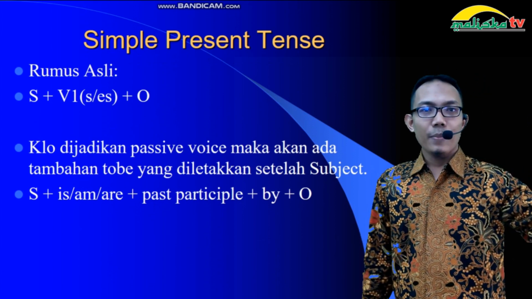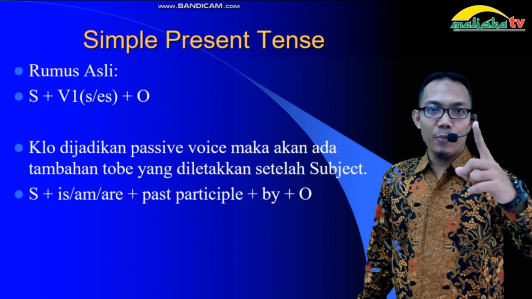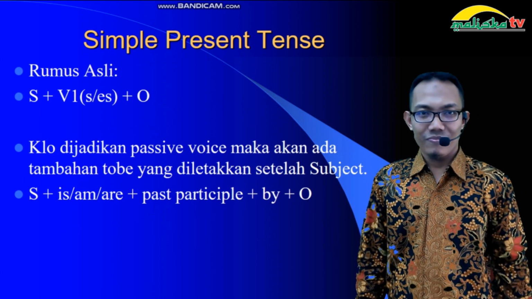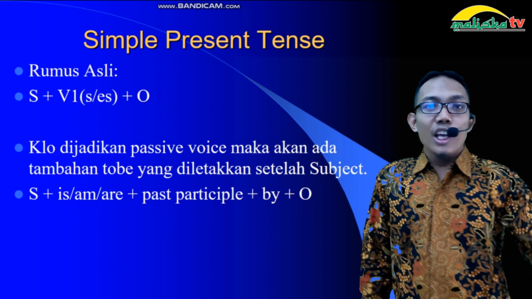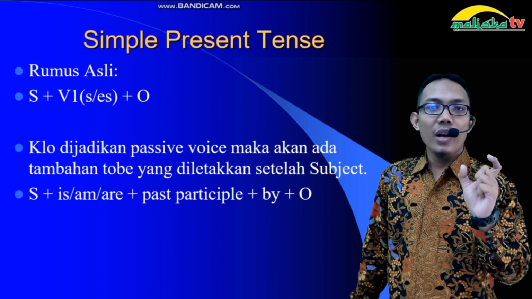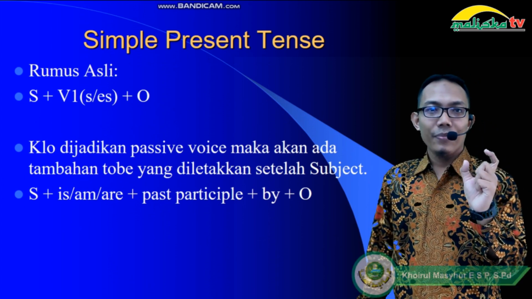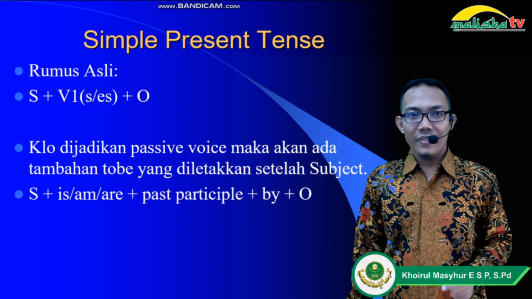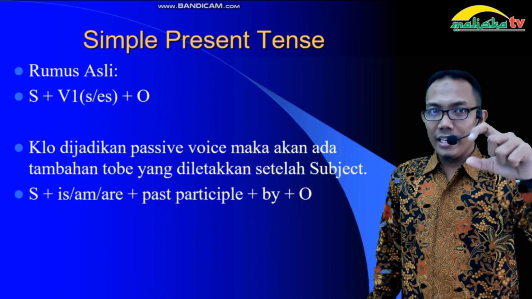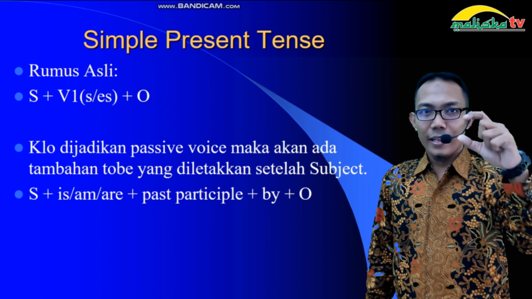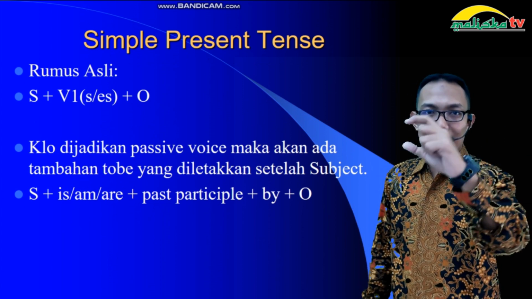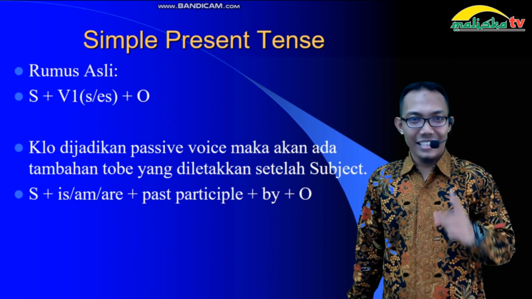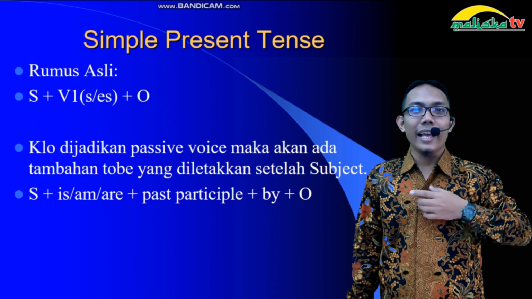Subject plus V1 (s or es), and then plus O. But in passive voice, you have to add to be after subject. So the formula is subject plus to be plus past participle plus by plus object. Okay? What to be that you have used?